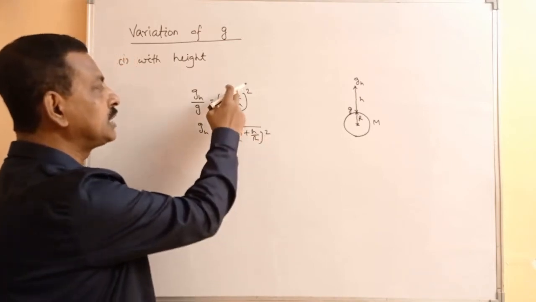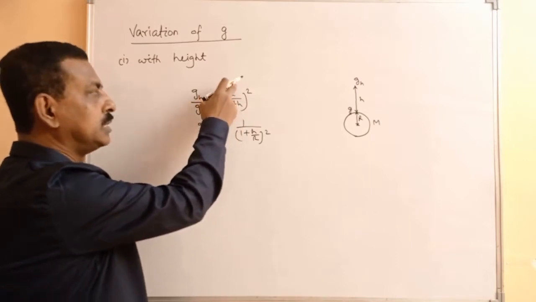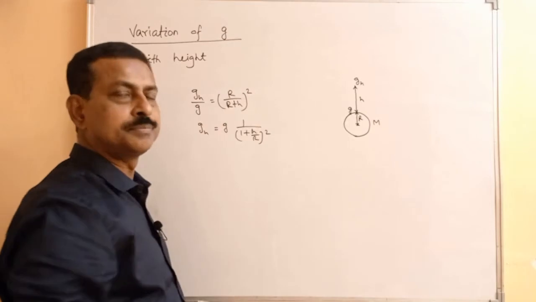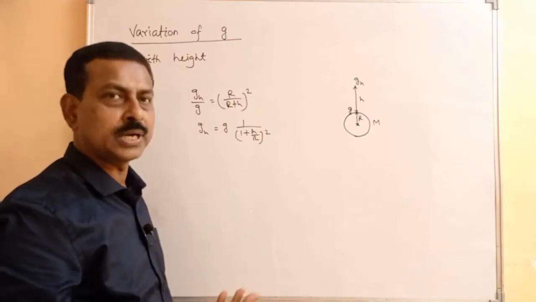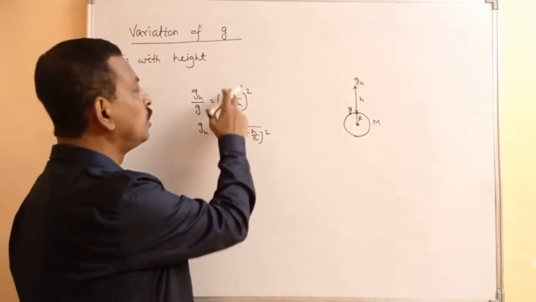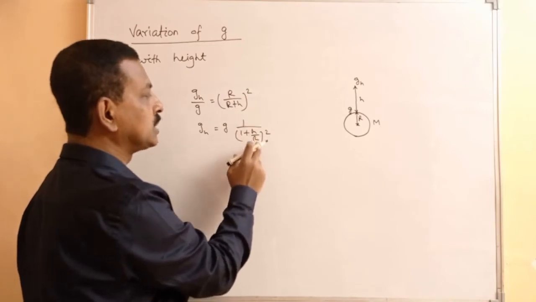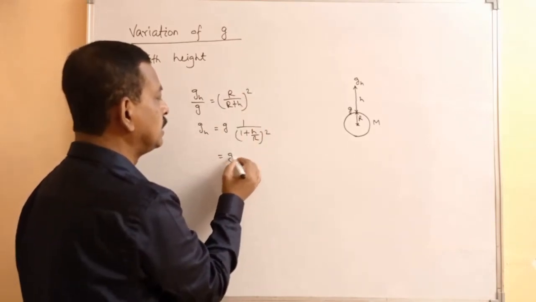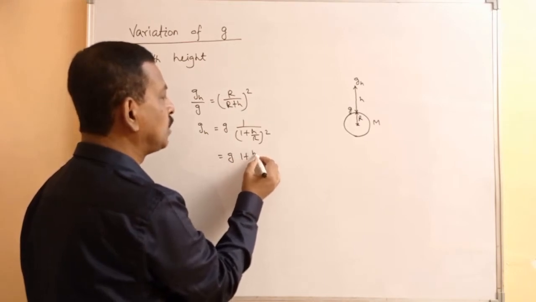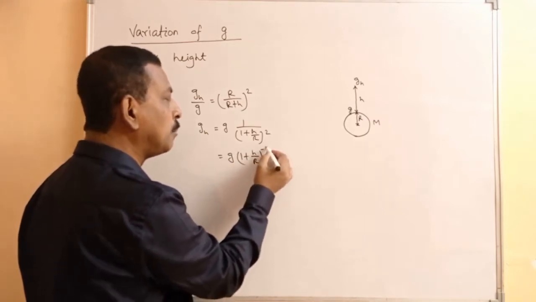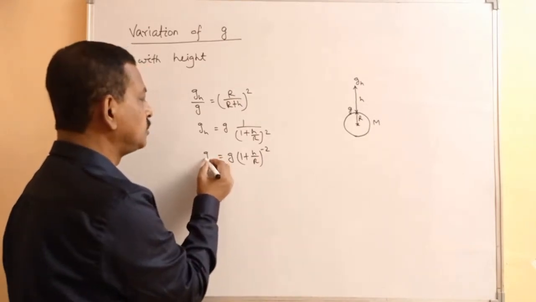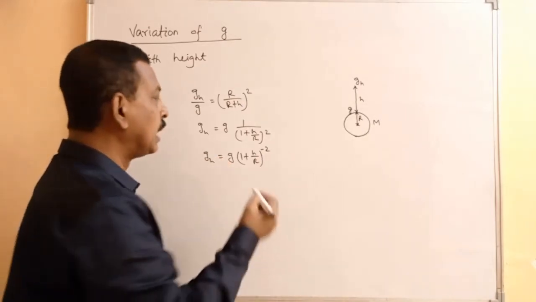That means you can just think that we have multiplied and divided this fraction by r square. So in that case, it will be 1 divided by 1 plus h by r. Now this term, if you take it in the numerator, can be written as (1 plus h by r) power minus 2. So this is gh.